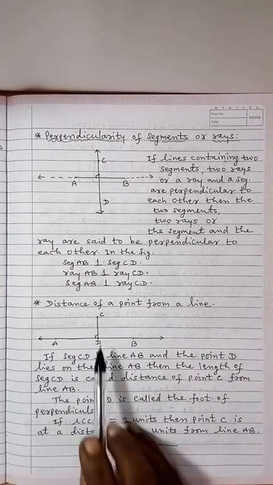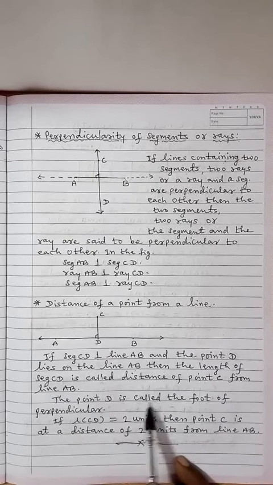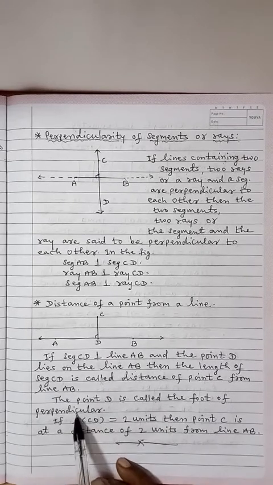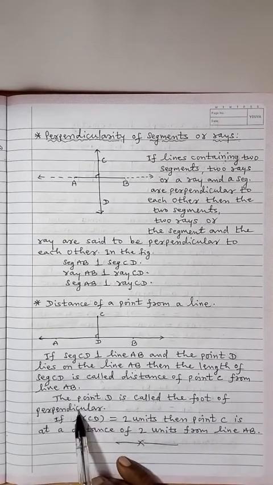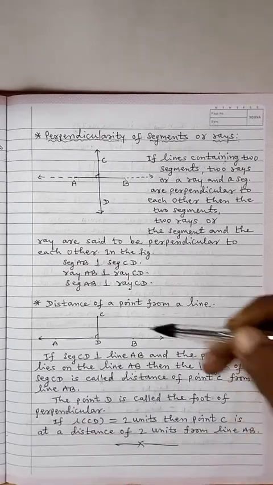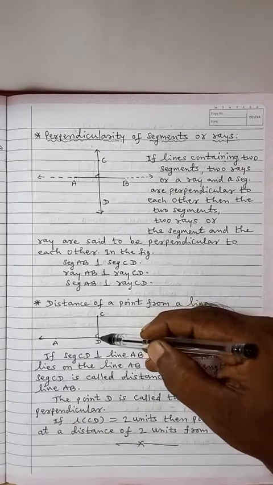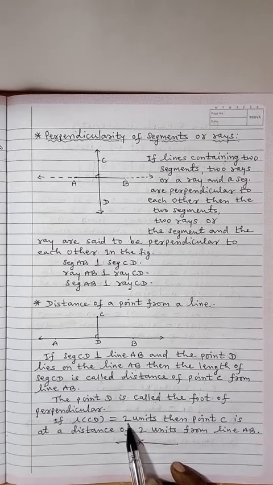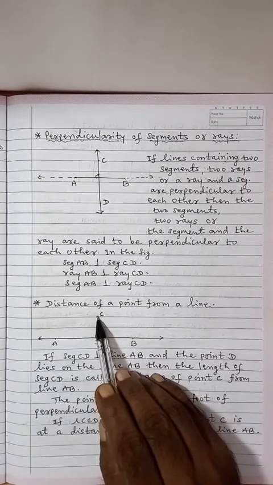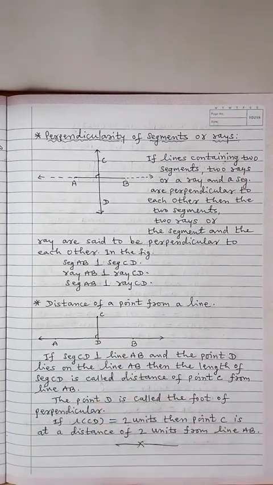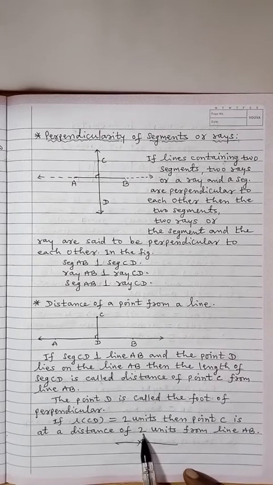This point D is called the foot of perpendicular. For example, if length of segment CD is 2 units, then point C is at a distance of 2 units from line AB.